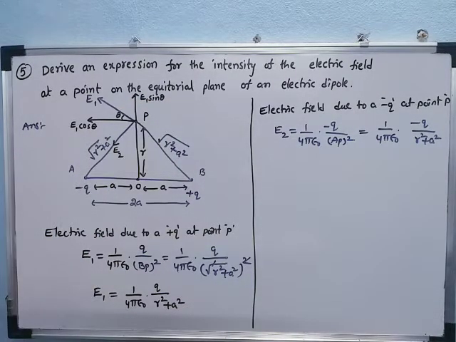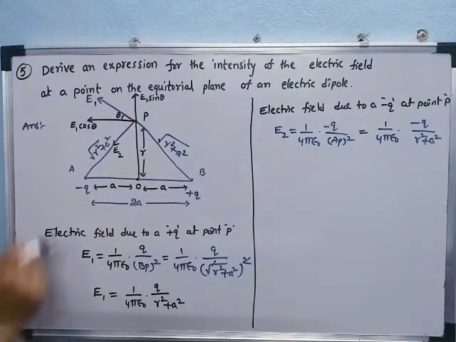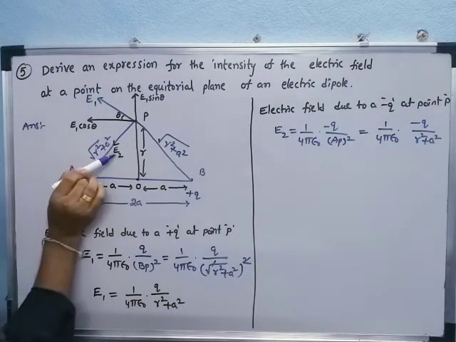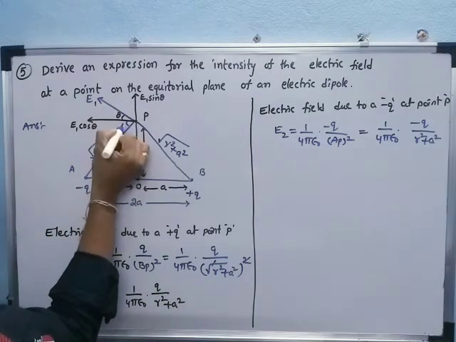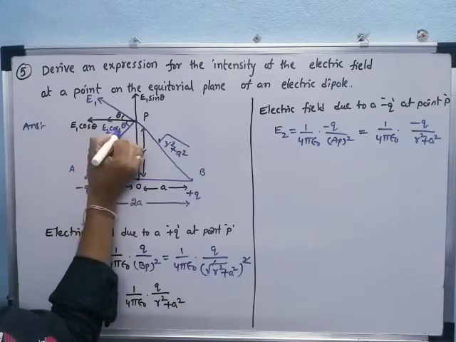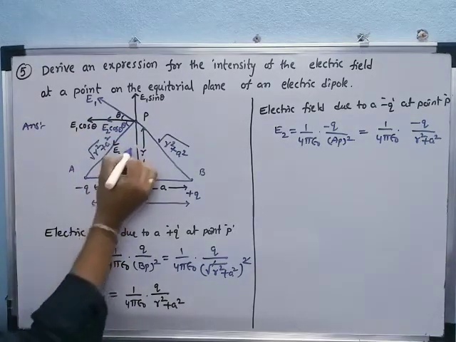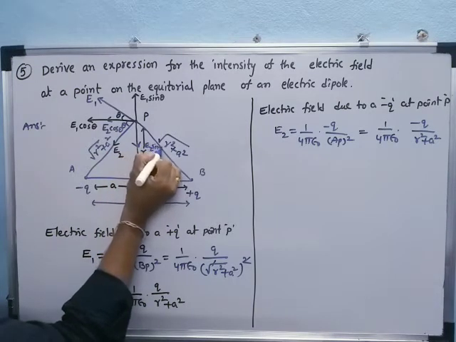Similarly, E2 can also be resolved into two rectangular components. The horizontal component is E2 cos theta, and the vertical component is E2 sin theta.